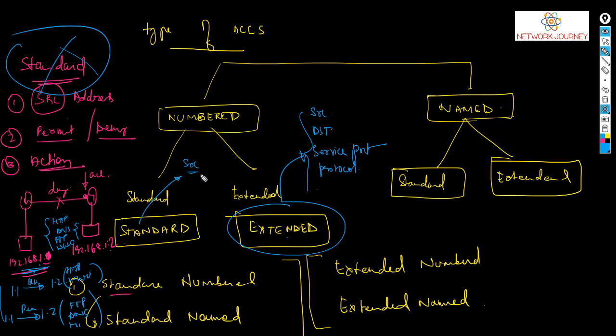It will only see source and block it, or if the action is to permit, it will permit that. That's a drawback, but if you wanna block completely, then this is the simplest option to block with respect to all the ports. But if you're looking for port-based or service-based blocking, then you have to go with extended.